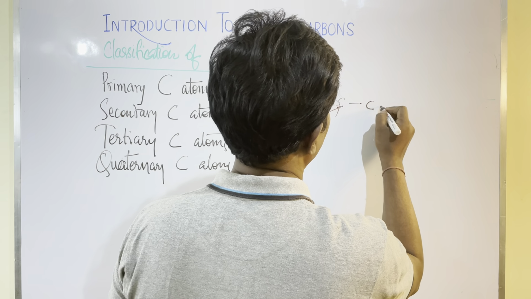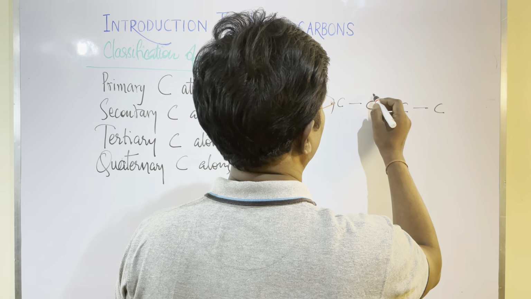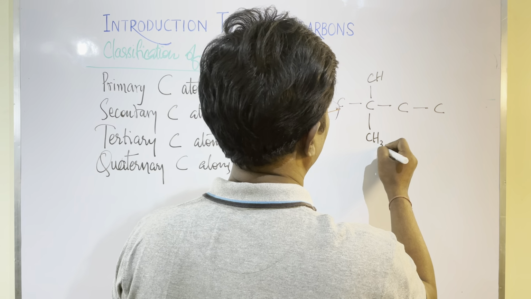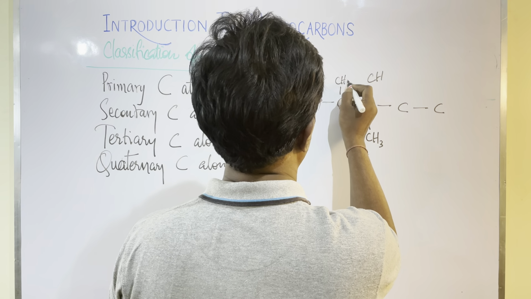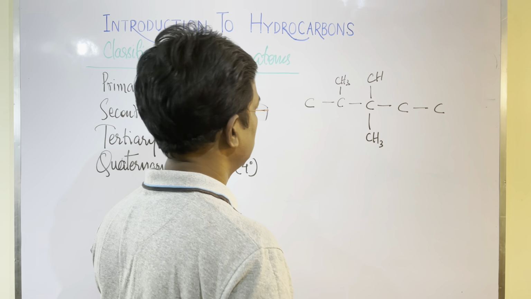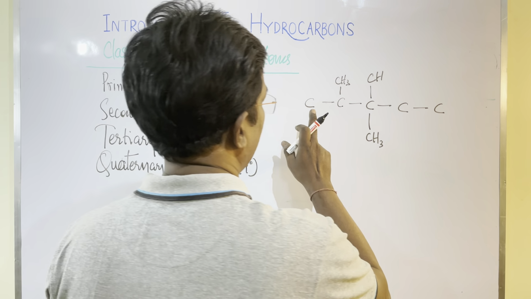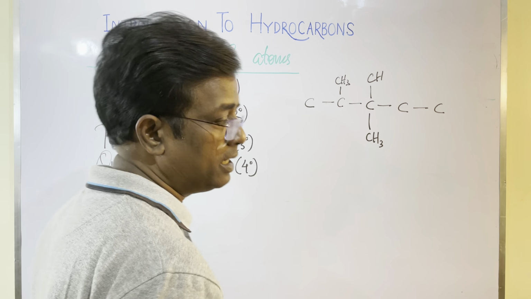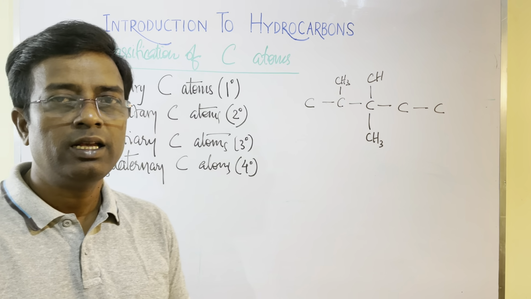Now see, if the carbon atom is attached to one other carbon atom in the carbon chain, it is called a primary carbon atom.